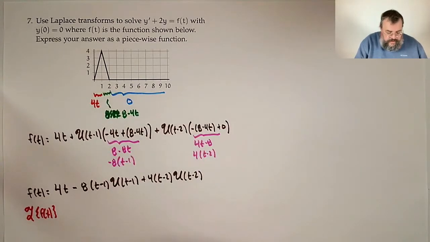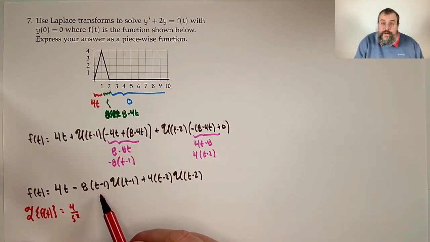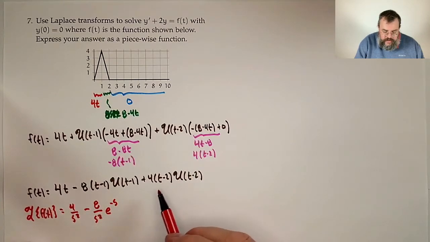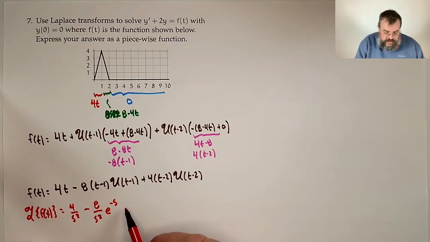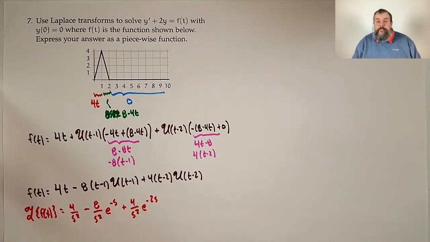So this would be 4 over s squared. And here, this t minus 1, we still treat like t because of this shift. So it's minus 8 over s squared e to the minus s. And again, this t minus 2, we're going to treat like t because it's attached to that shift. So plus 4 over s squared e to the minus 2s. All right, so that's the Laplace transform of the right-hand side.